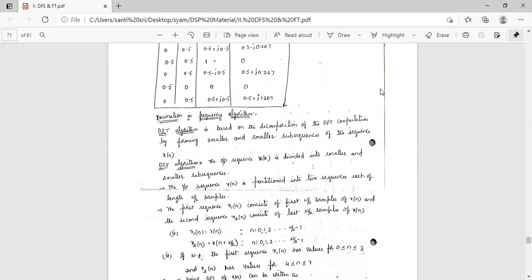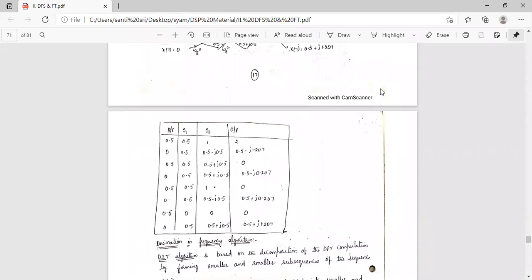So far we discussed the decimation in time FFT, and we saw some problems also. You should solve the problems manually. So take the material, follow the material and do the same problems. Practice it.